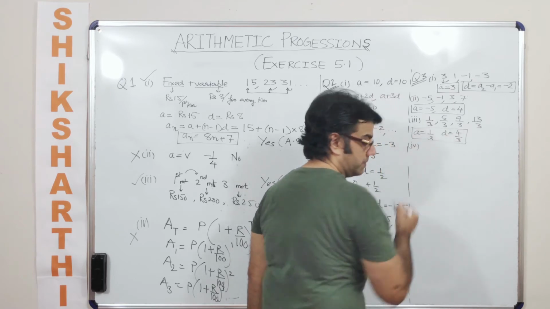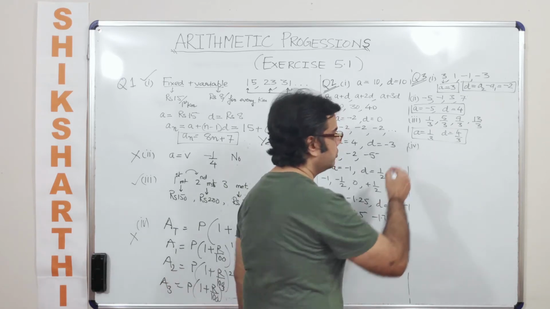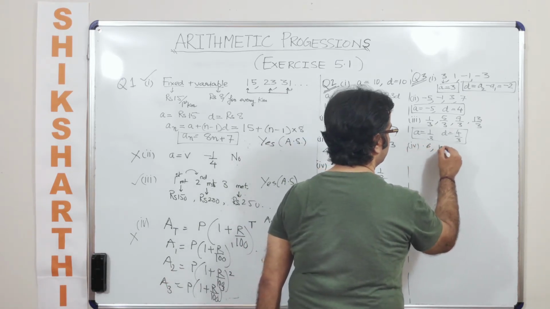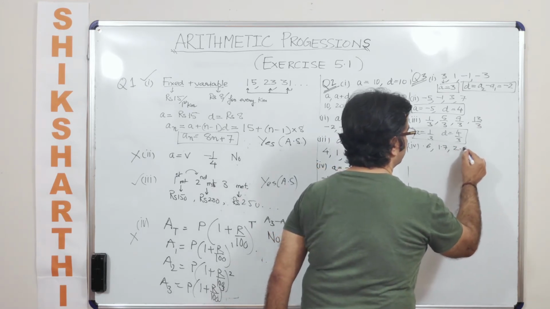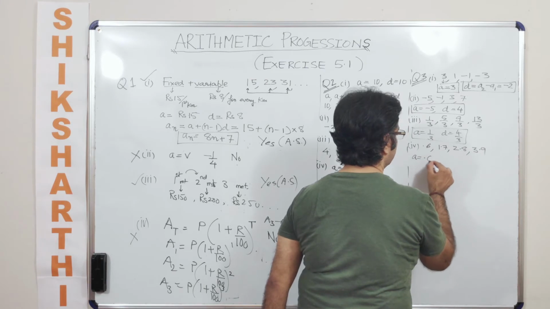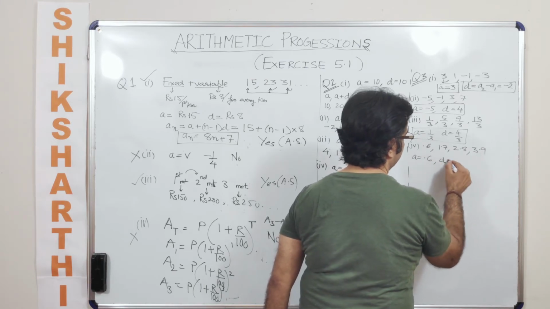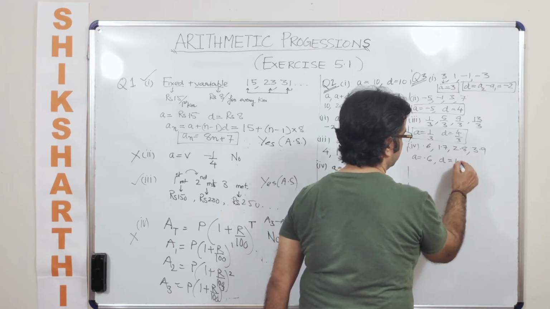Next subpart. The next subpart says 0.6, 1.7, 2.8, 3.9. So what is the first term here? First term is 0.6. What is the common difference? Common difference is 1.7 minus 0.6, which is 1.1.